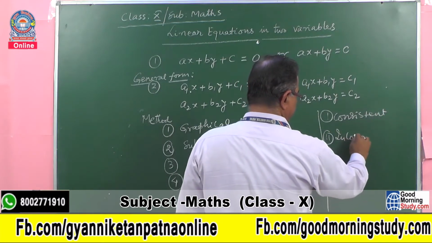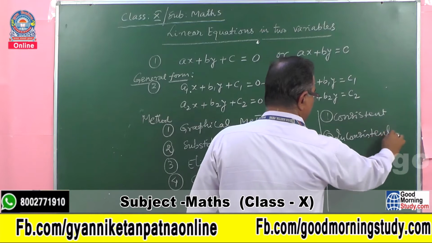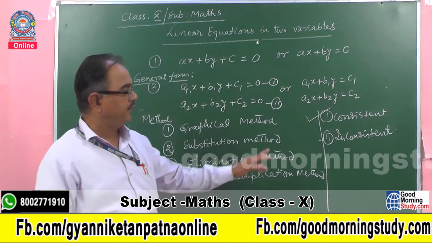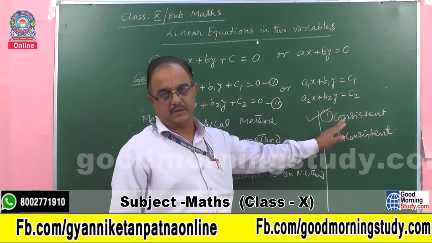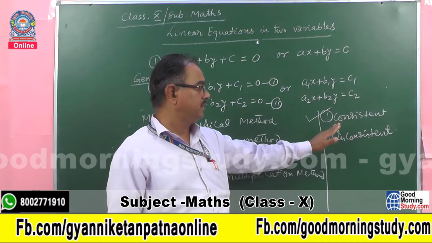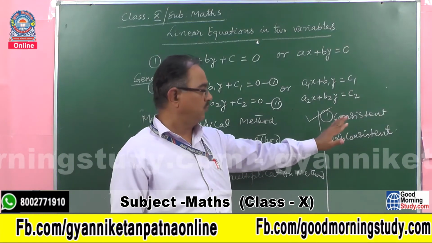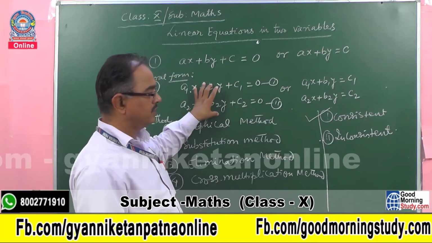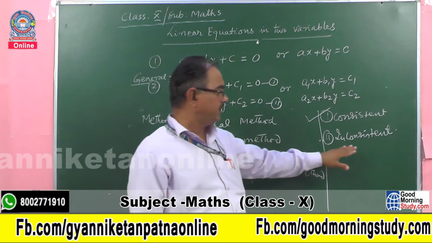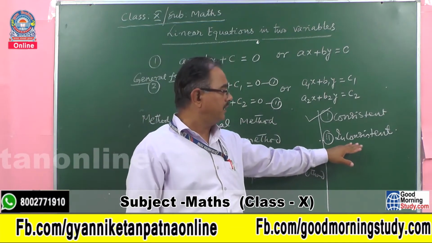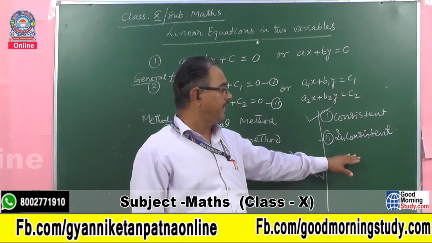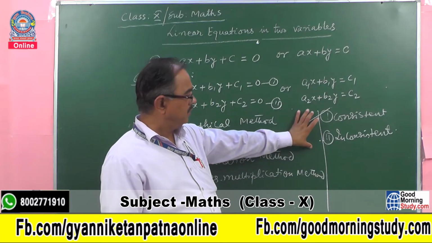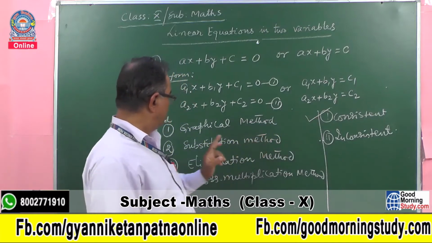Second, inconsistent. The system of equations is said to be consistent if it has at least one solution. At least one. It means it can have many solutions also. In these cases, the system of equations is said to be consistent. A system of equations is inconsistent if it has no solution at all. So these two types of system of equations are there.